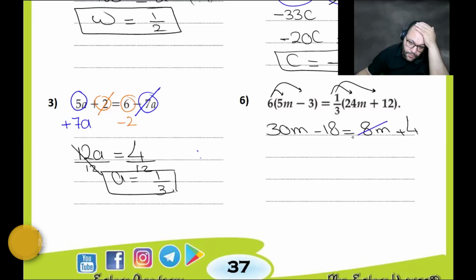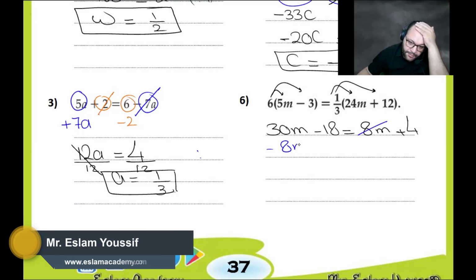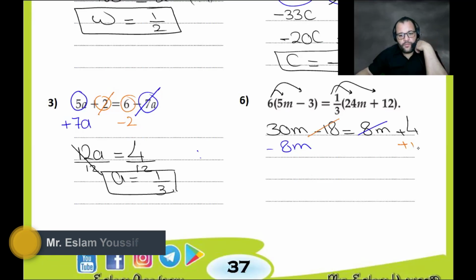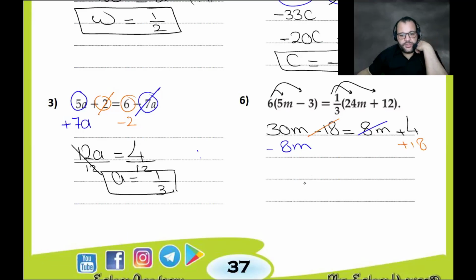We shift the 8m, subtracting 8m. And 18 becomes positive 18 plus 4. So the answer will be 22m. Then 22m equals 22, divided by 22, it will be 1.